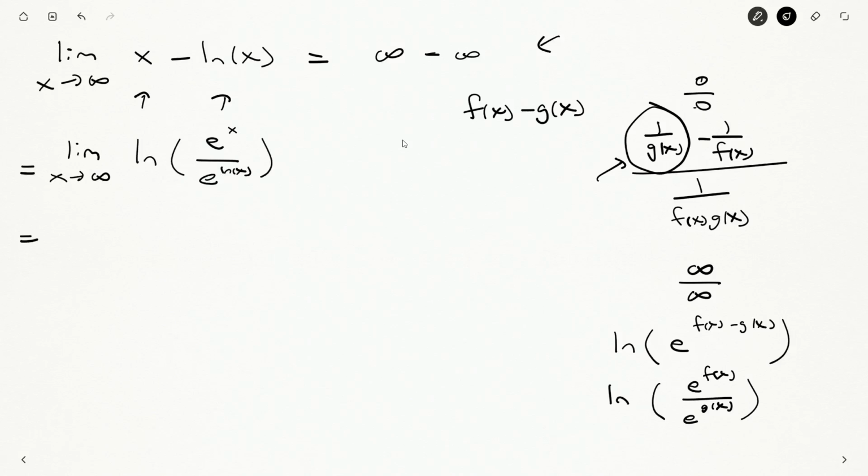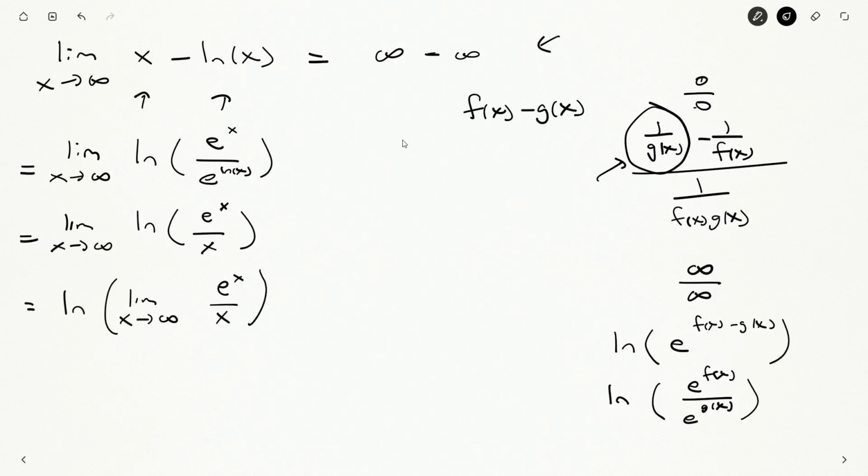We'll do a little bit of simplification here: e to the x, and then all over x. And guess what? Ln is continuous, so the limit gets to pop inside. Look at that. So now to answer our original question, we just need to answer this inside limit.